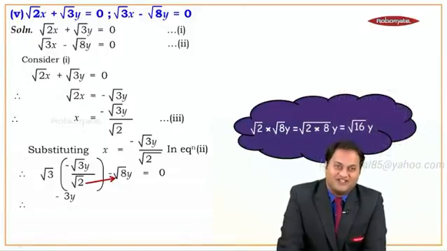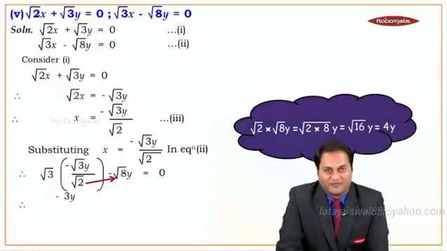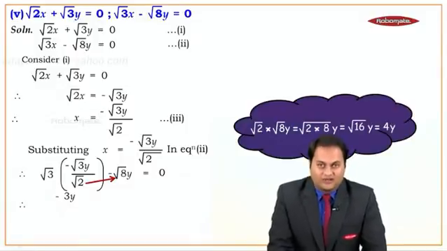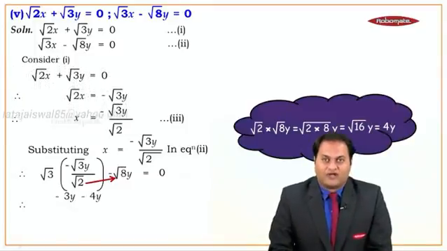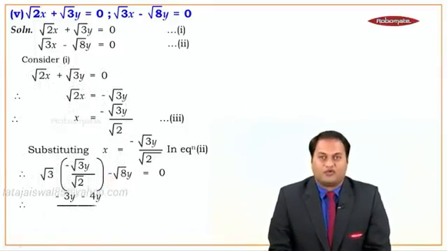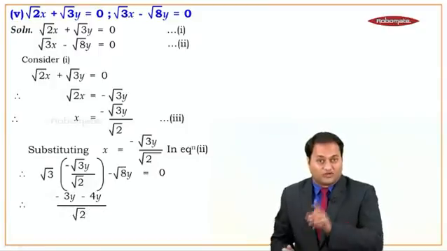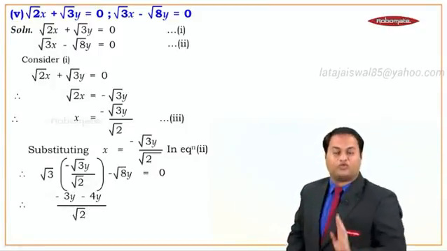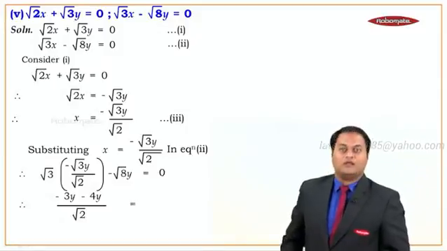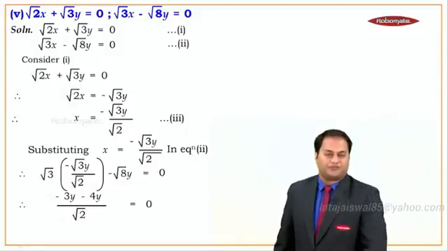And what is root of 16? Root of 16 is 4. Clear? So, what you get? Root 2 into root 8y is 4y. Clear? So, you get minus 3y minus 4y. Don't forget to write upon root 2 because this is the LCM. Root 2 into root 8 upon root 2. Clear? Is equal to 0.